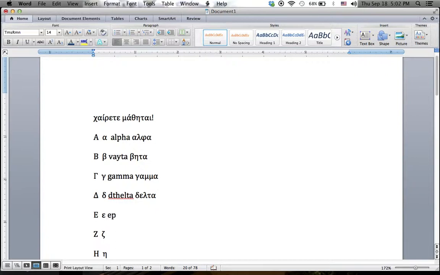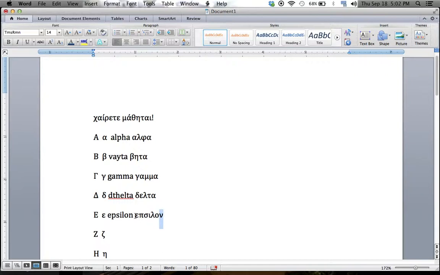Moving on to epsilon. Either one, they both make the same sound. So here we go, epsilon, pi, sigma, iota, lambda, omicron, and nu.